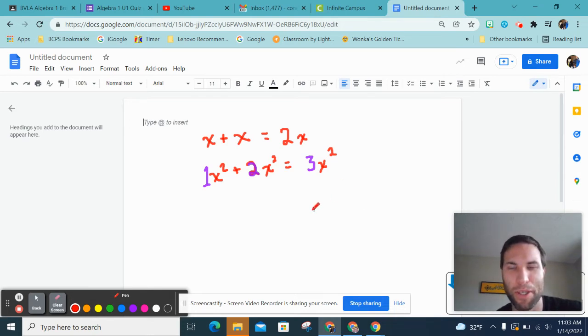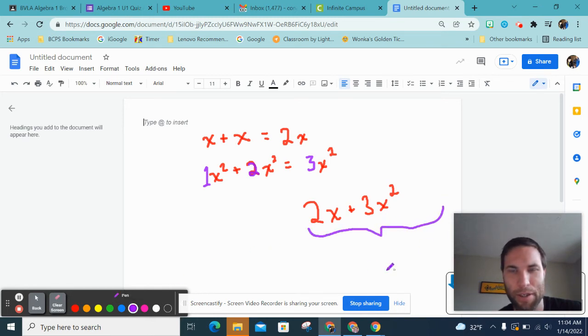An expression would be, well, 2x is an expression, but also 2x plus 3x squared is an expression, right? And notice that in this expression, you have terms separated by plus or minus, and you have the x's separate, because x is different than x squared, and those aren't like terms.